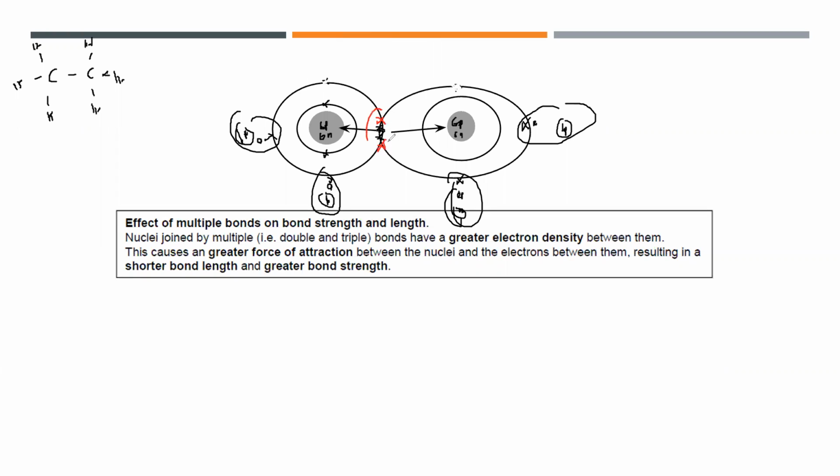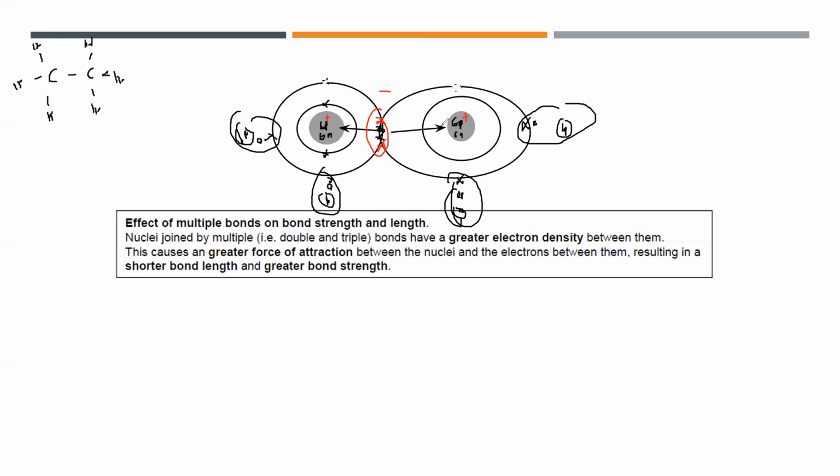Now four electrons are there, attracted towards the nucleus. As four electrons are there in multiple bonds, the attraction will be stronger because there is a greater charge. This is a negative charge, the nucleus is positive. So there's an attraction between positive and negative, unlike charges.